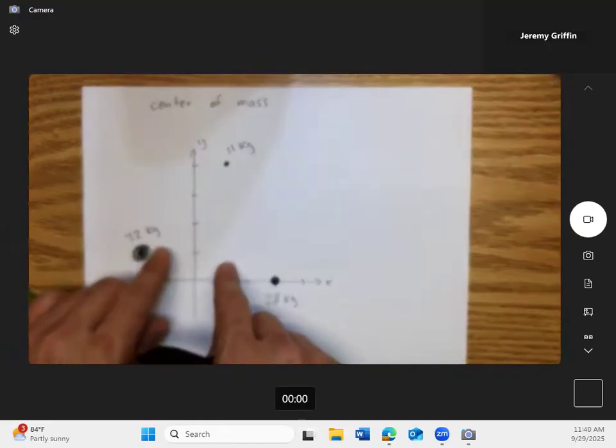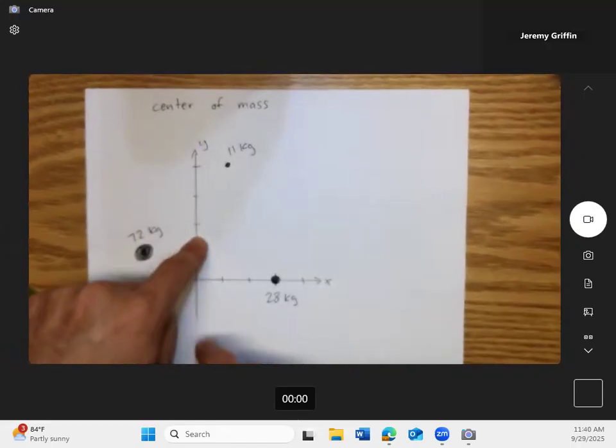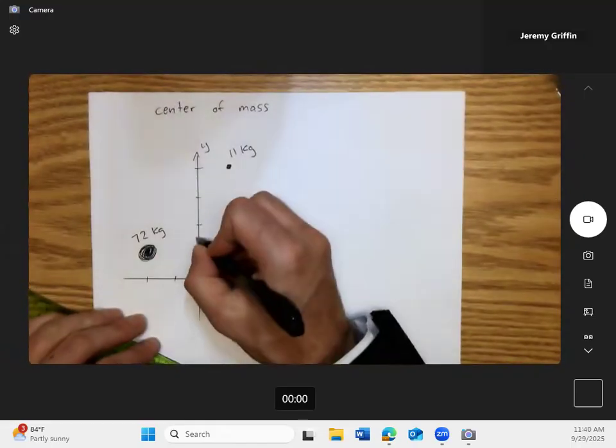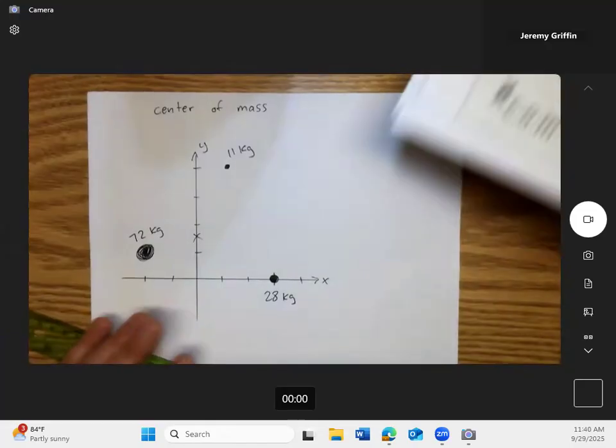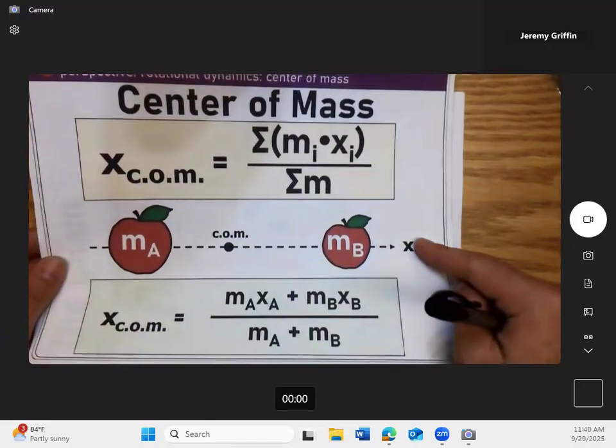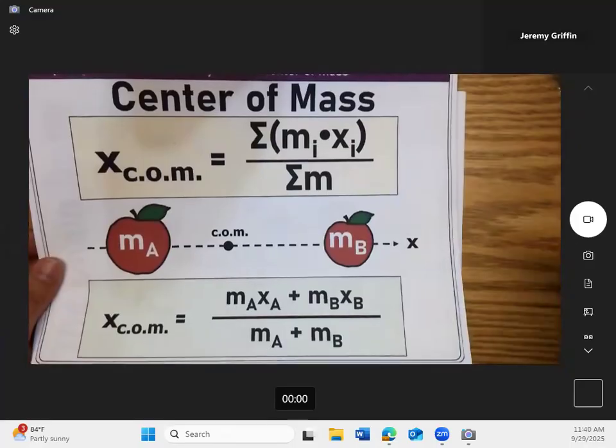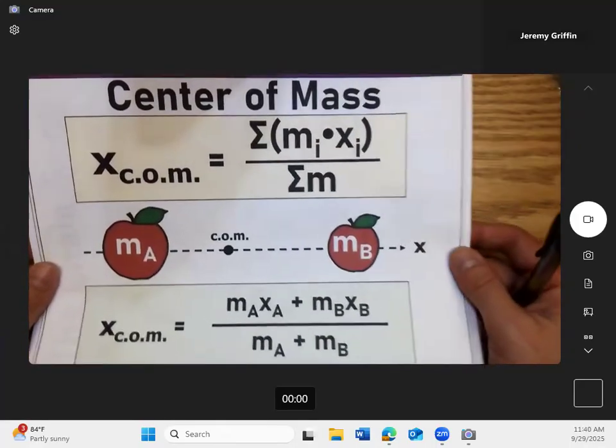It's hard to tell if it's on the right side or the left side, but also probably pretty close to here. I'm going to make an X. That's my guess. The way we can find out exactly is we'll do this method for both the x-axis and also the y-axis, and then we'll have a coordinate. You guys get that?